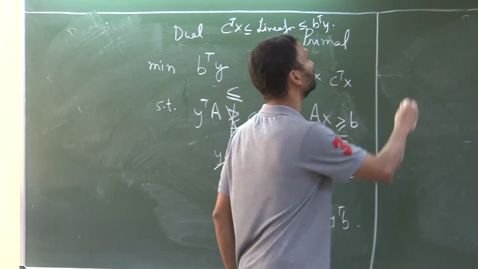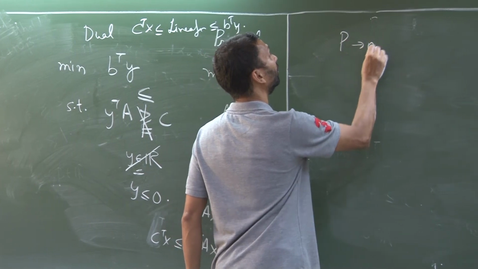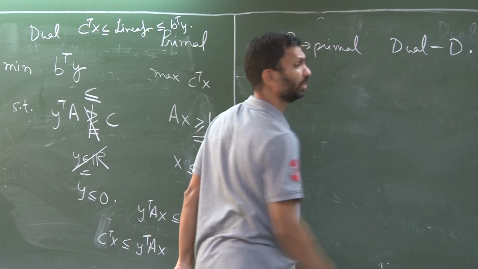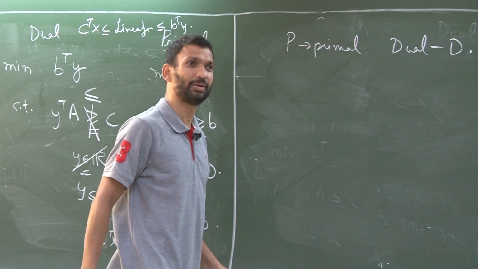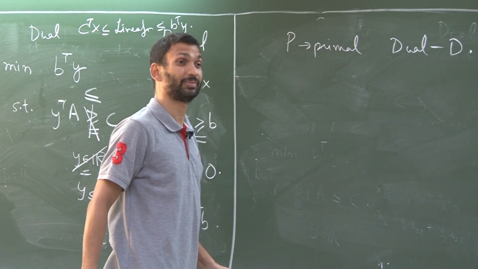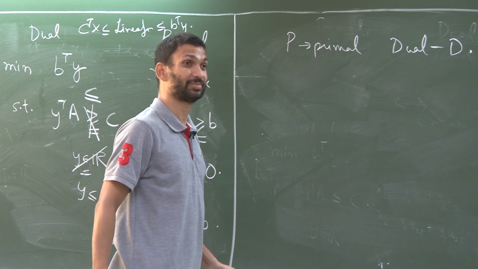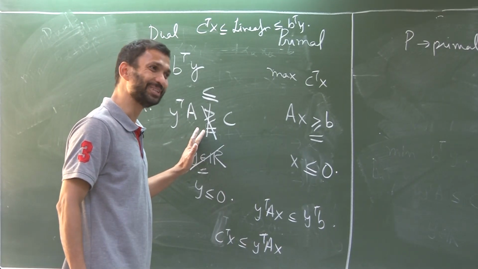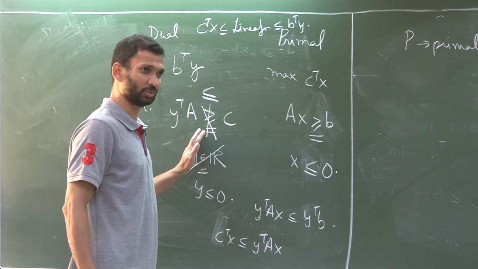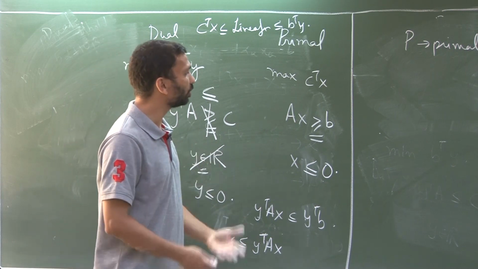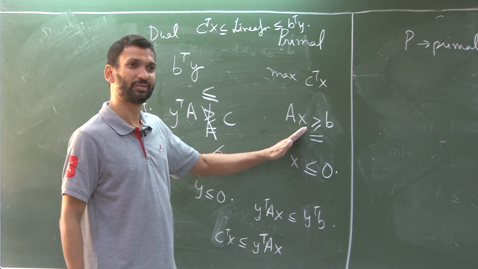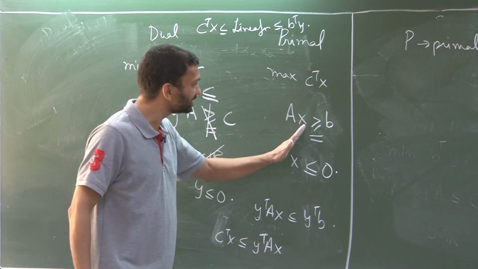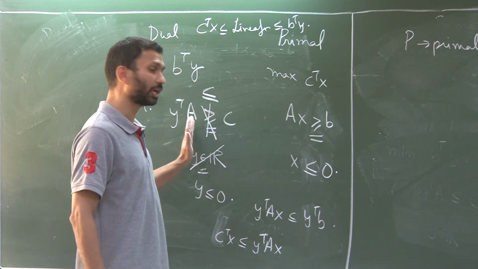Now let's talk about the technicality. You remember the technicality? What if this is not feasible? So now let's think of it this way. If this is unbounded, then clearly there cannot be any upper bound.